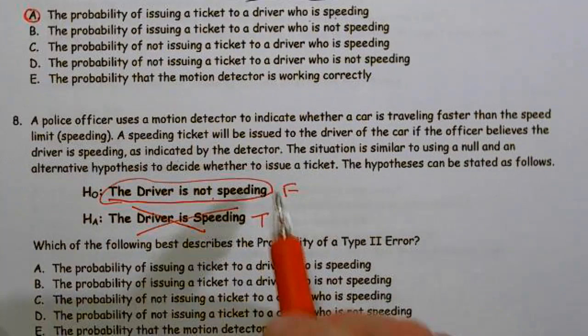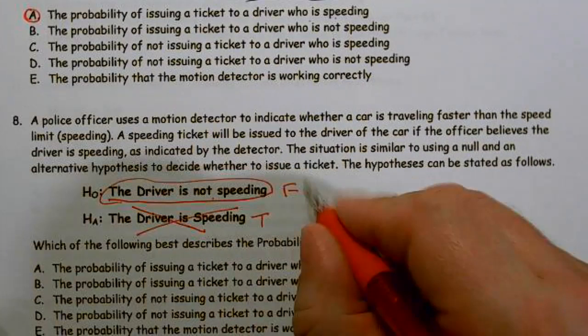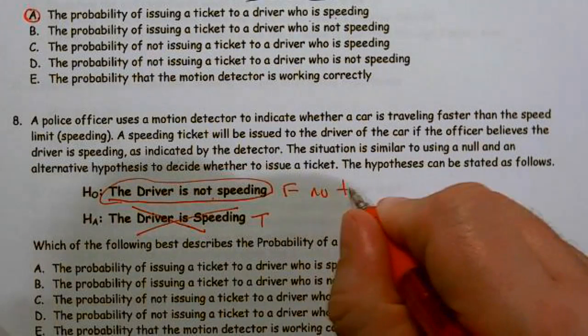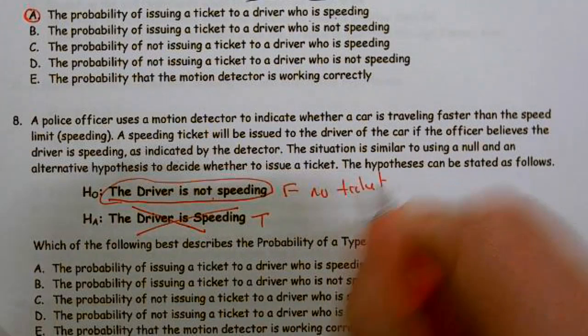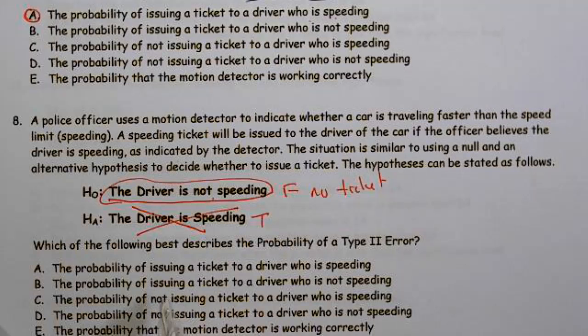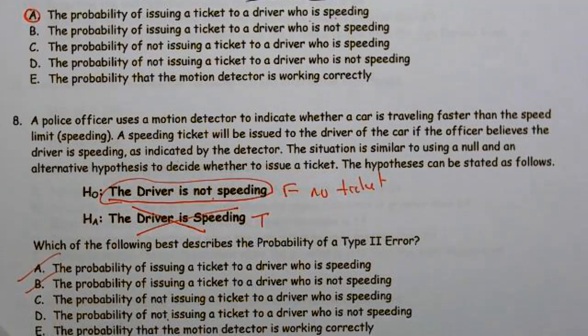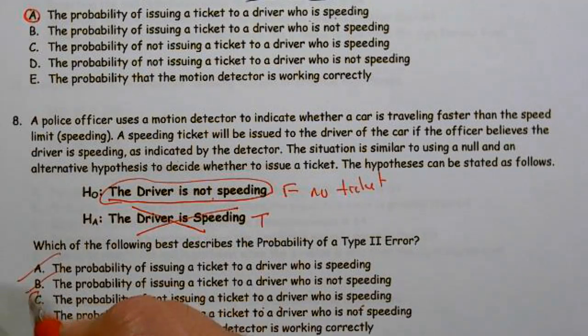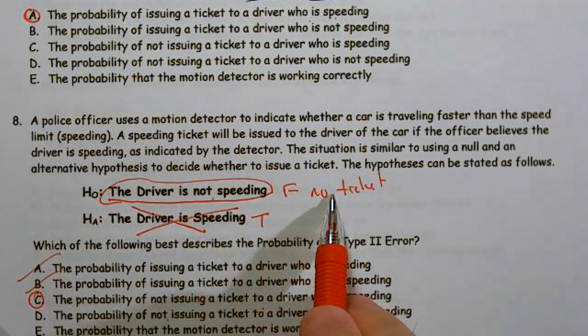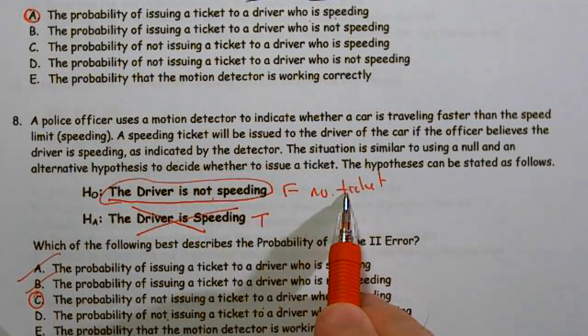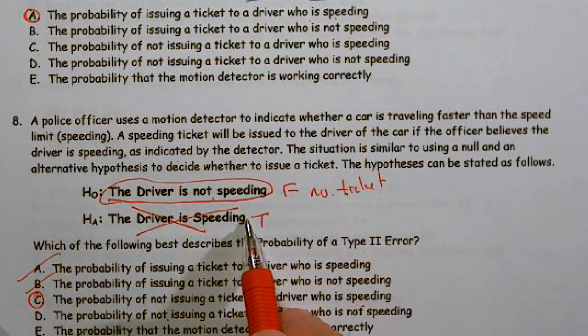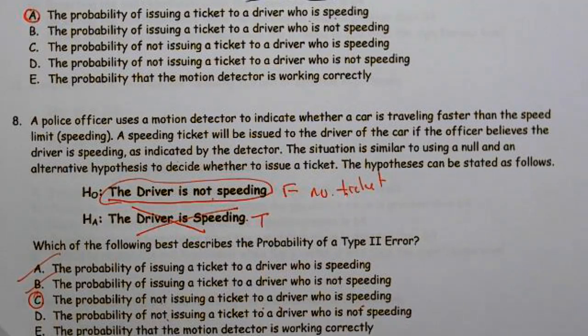And am I going to issue them a ticket? I believe the null, so no ticket. The probability of not issuing a ticket to a driver who is speeding. Yep, that's it. Because we're not giving them a ticket, but they really were speeding, so this is C.